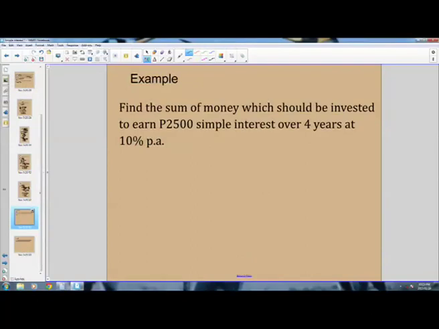The example says, find the sum of money which should be invested to earn 2,500 simple interest over 4 years at 10% per annum. Now here, check what you are given. You are given the simple interest. This simply means your I is given as 2,500.